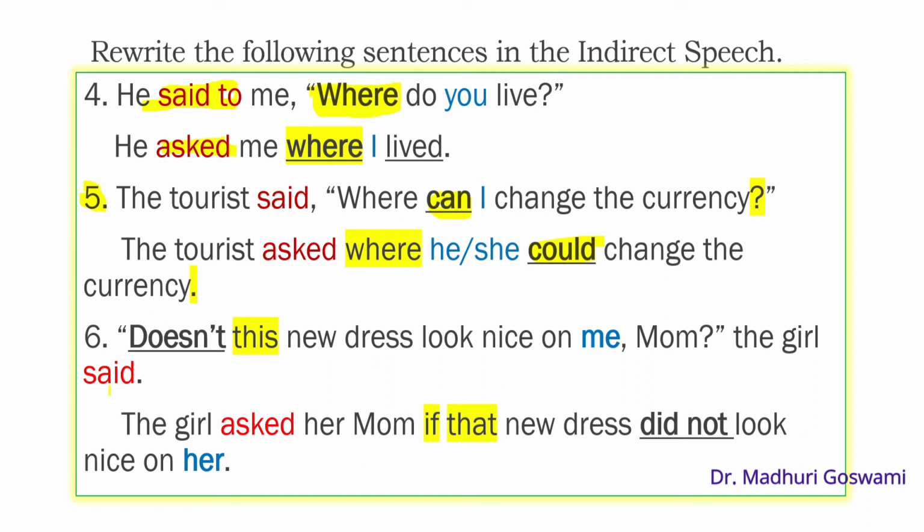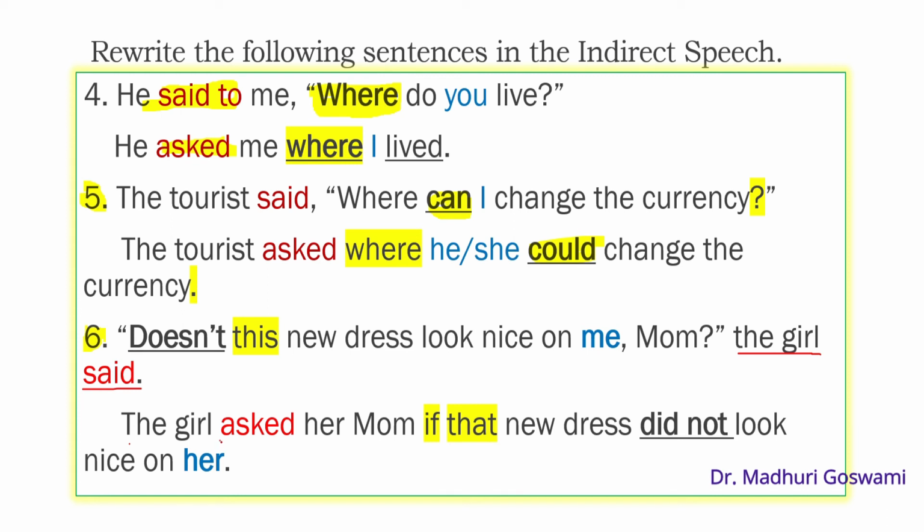Now the next sentence is, doesn't this new dress look nice on me, mom? The girl said. इस सेंटेंस में रिपोर्टेड स्पीच पहले और रिपोर्टिंग स्पीच बाद में रखी गई है. But always remember, the girl said. This is the reporting speech. So first we will put this reporting speech when we will write down the indirect speech.